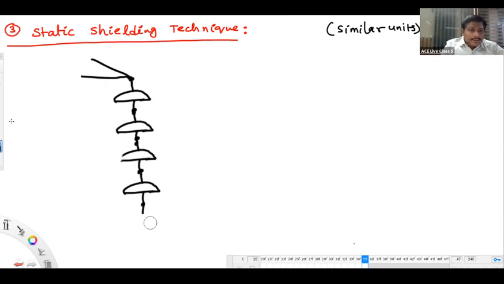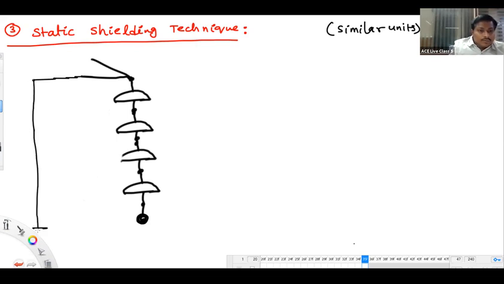See, this is a conductor I am showing. This is our cross arm. Tower connected to ground.